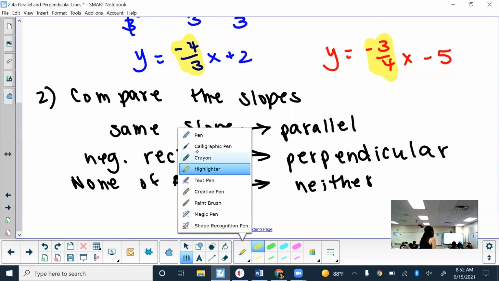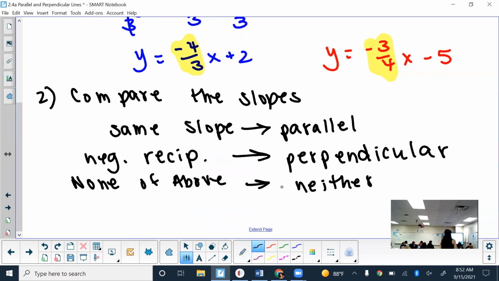They are not because of what? If they're negative reciprocals of each other, they should be opposite signs, right? So it is correctly flipped, but it's not a negative reciprocal of each other. So don't let that trick you. So what's the right answer for this one? Neither.